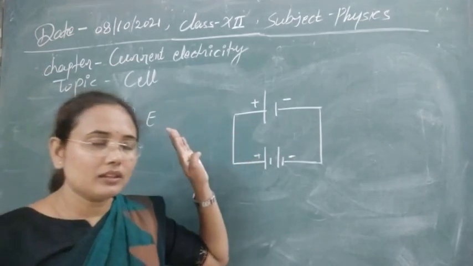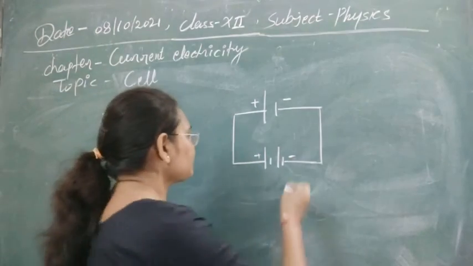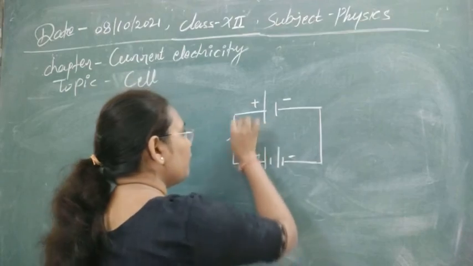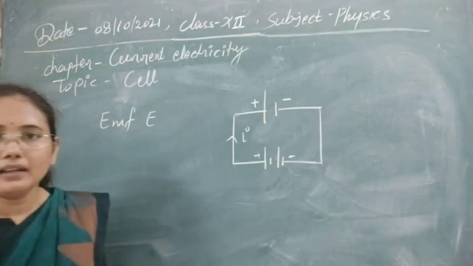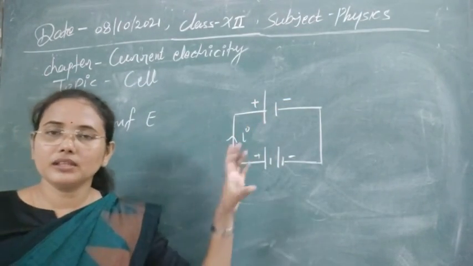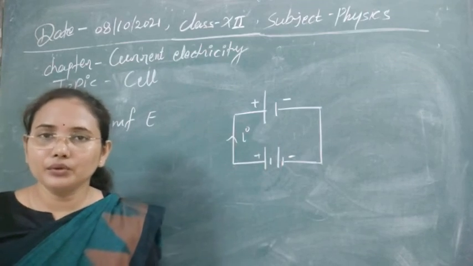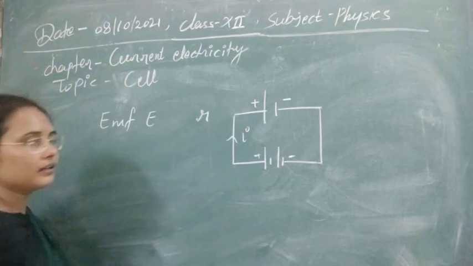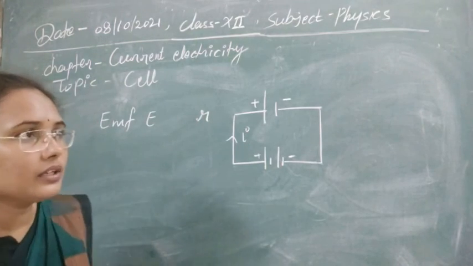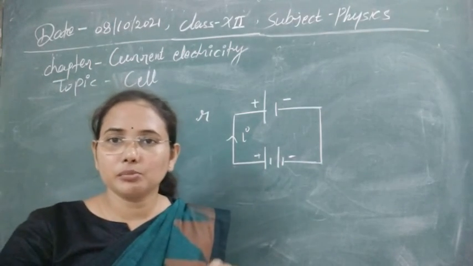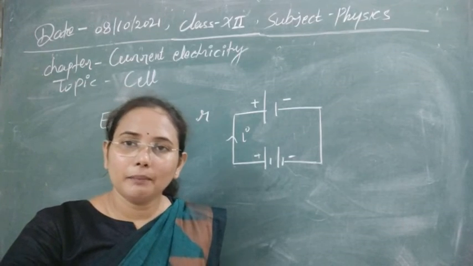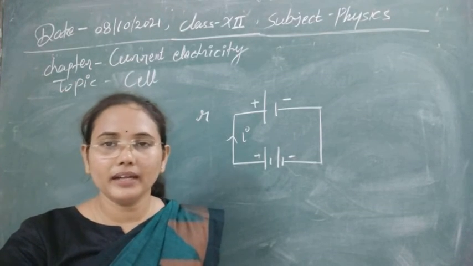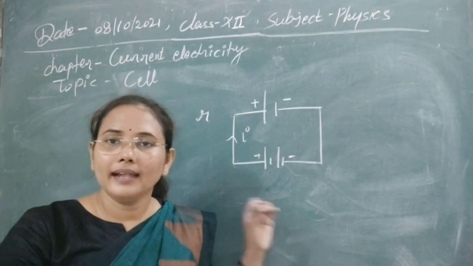That current flowing through the cell is opposed by the solution, and this opposition of the solution is known as internal resistance. This is the resistance provided by the cell in opposition to the flow of current through it.